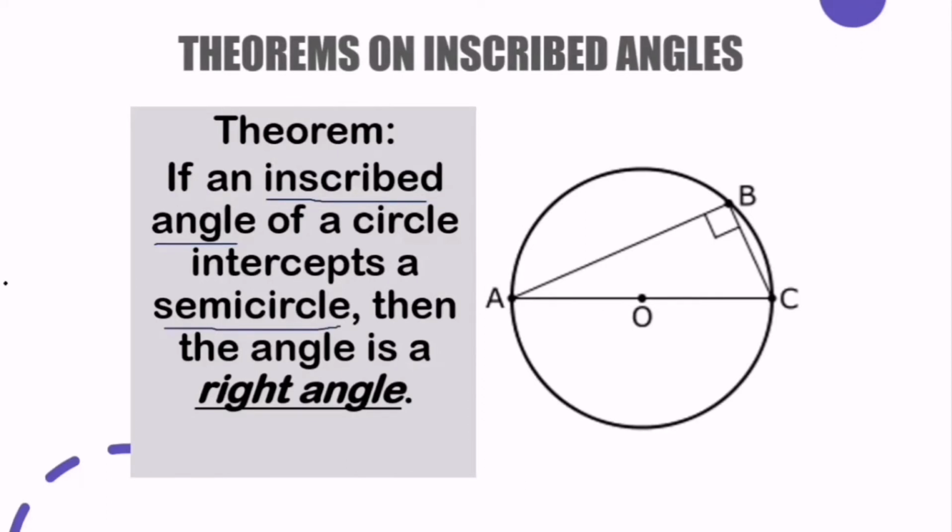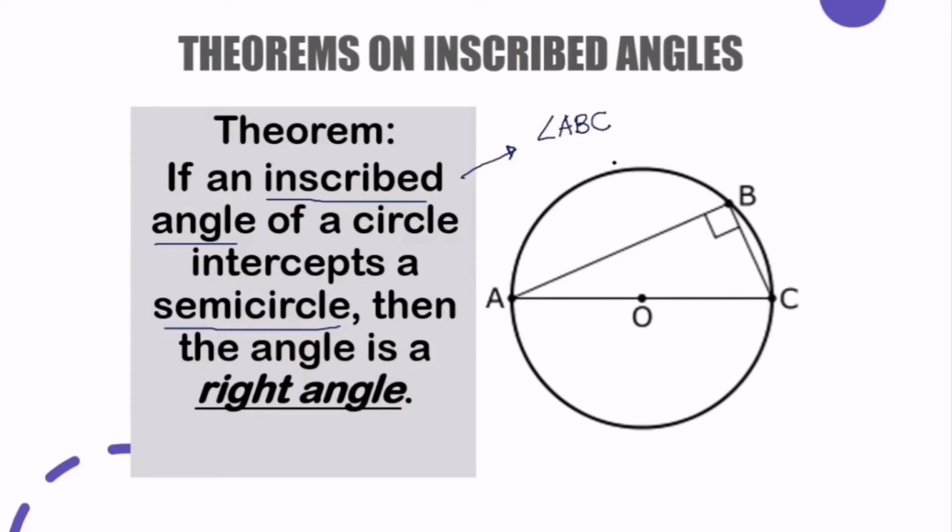So we all know that an inscribed angle pertains to an angle whose vertex is on the circle. So based on this illustration, our inscribed angle here is angle ABC.